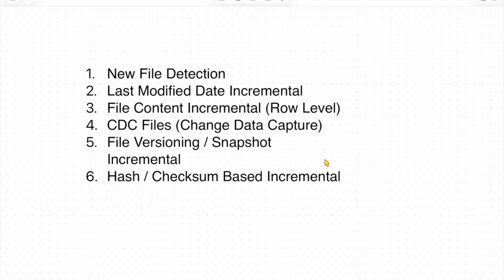We also explored how to use the file's last modified date to identify and load new data, right? Additionally, we looked at how to handle the changes within the file content itself, especially when the data changes frequently, and how to capture those incremental updates effectively.